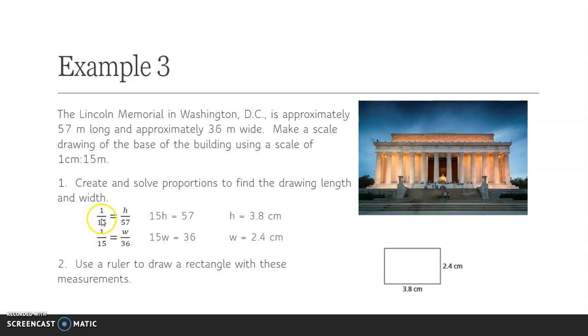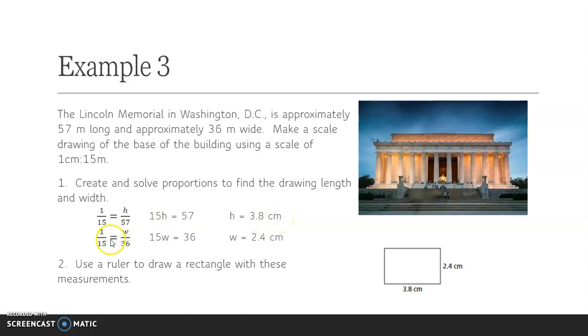Okay, so what I did is I did 1 centimeter over 15 meters equals h over 57. Okay, so I just did 1 times 57 equals 15 times h, and I divided to get h alone, so it's about 3.8 centimeters.